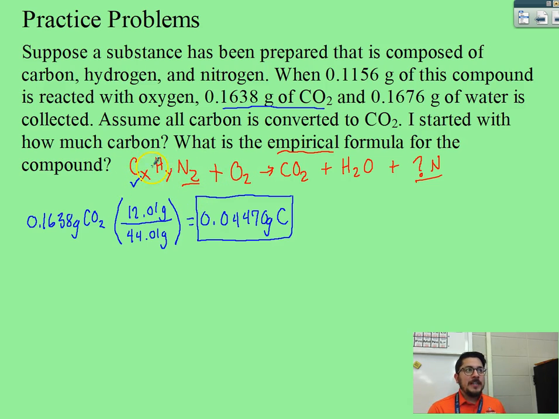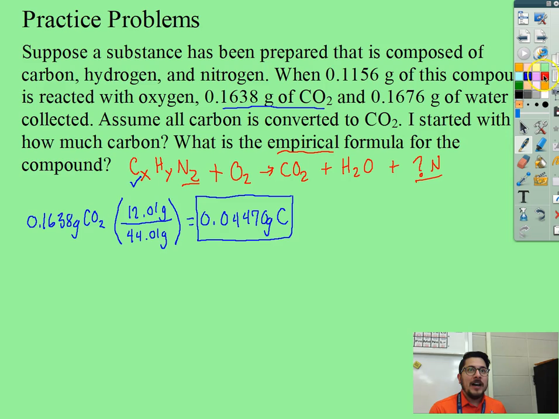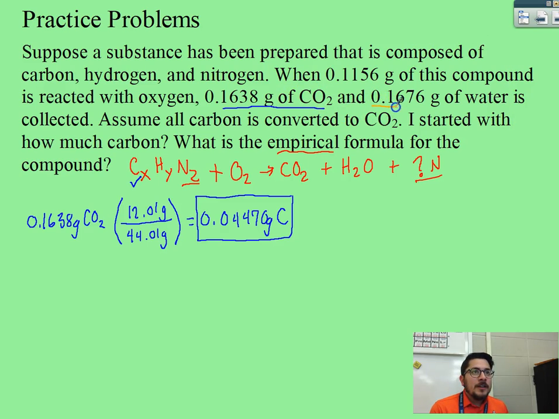Good. Next one, hydrogen. How much hydrogen do I have in this compound? Well, if I assume all my hydrogen got converted as well, right here it tells me I have 0.1676 grams of water. So there's all my hydrogen right there, right in this formula. So I'm going to put the same thing, 0.1676 grams of water. And I need to figure out how much hydrogen is in this formula.